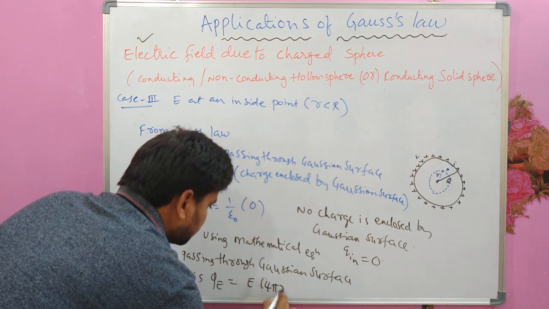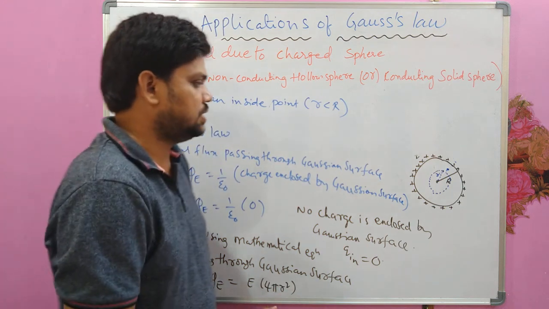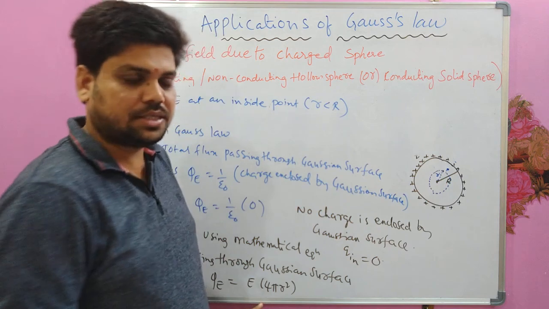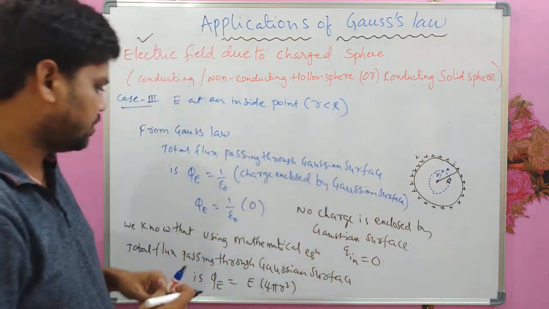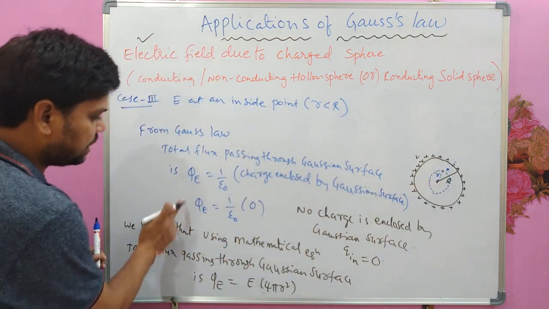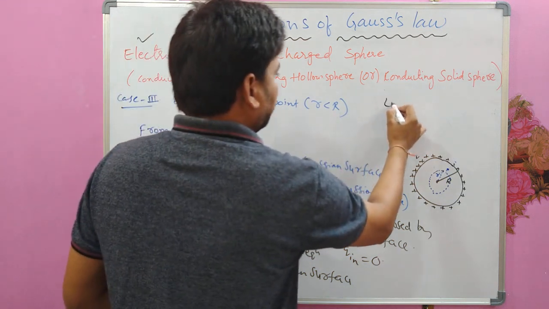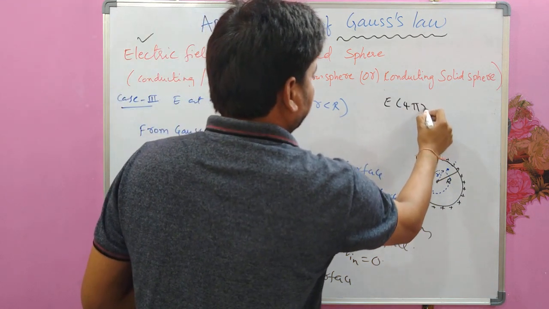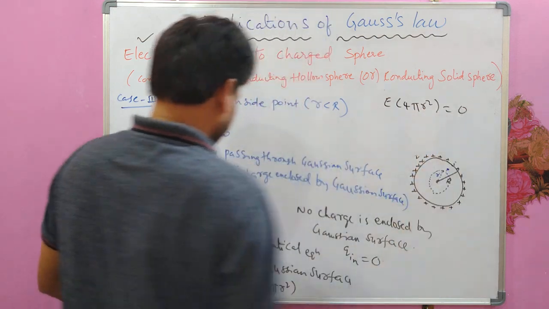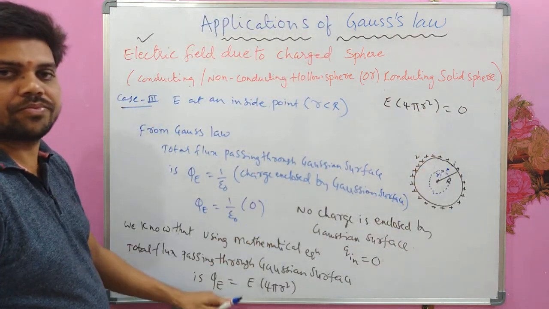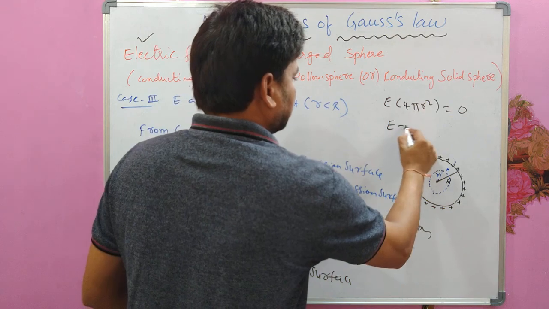It is actually E dot dS, integral E dS, and integral dS is nothing but 4 pi r square. Now if you compare this and this, we get E into 4 pi r square as 0, which means that E is equal to 0.